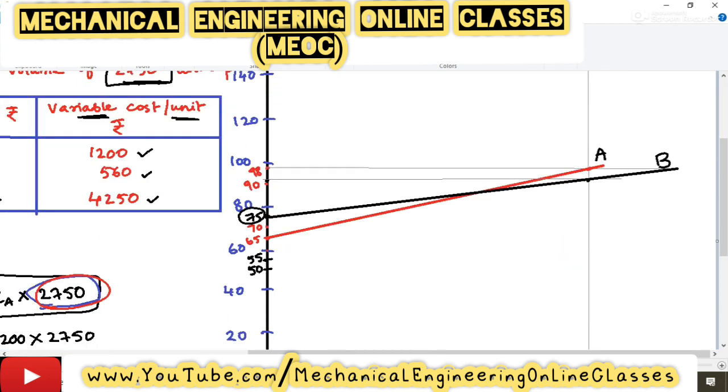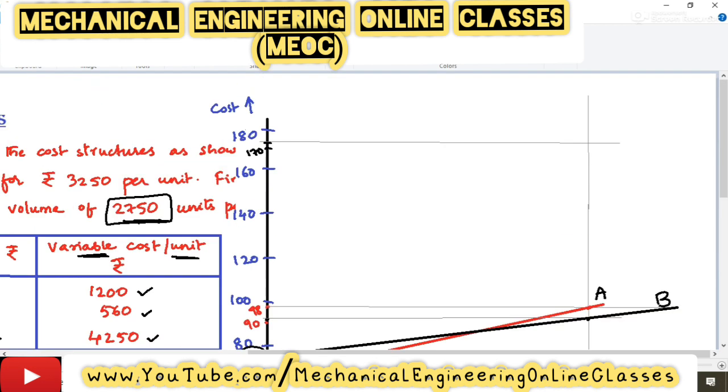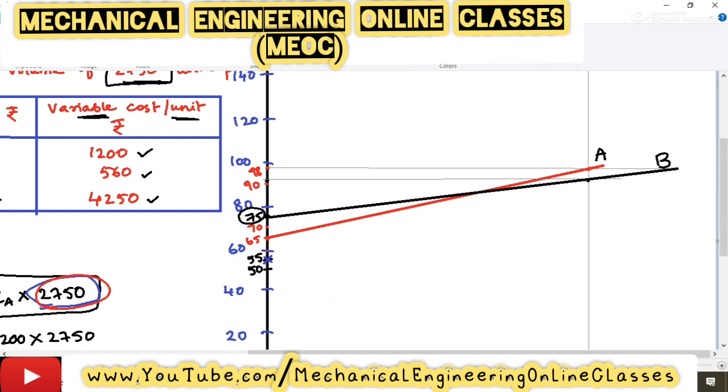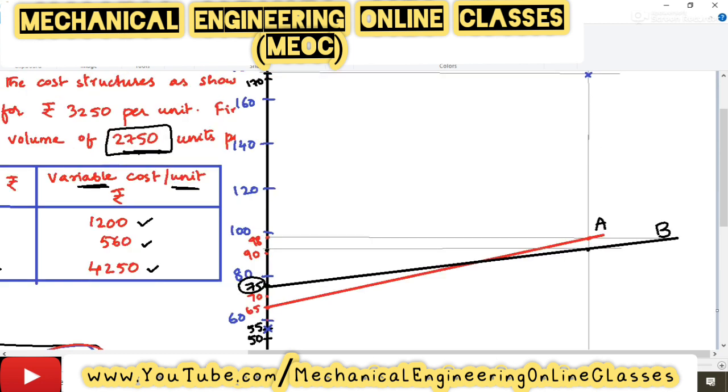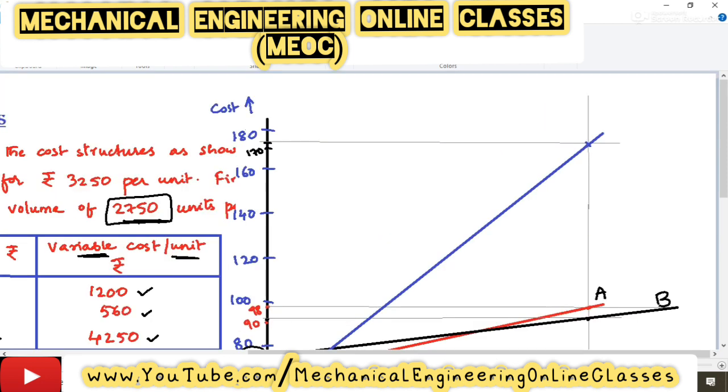So I am joining the 2 points, 55 and the new intersection point, using a straight line. So this blue color line is the total cost line of site C.